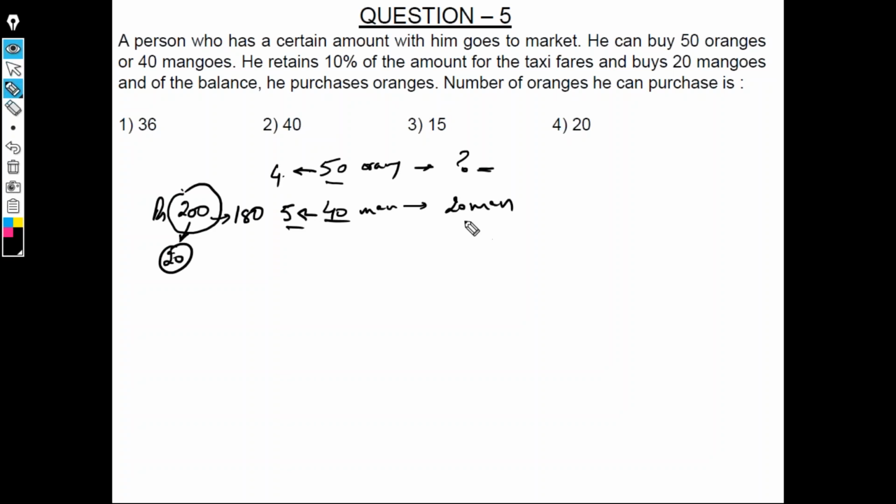If he has purchased 20 mangoes, it means he has already spent rupees 100 on mangoes, leftover is rupees 80. So in rupees 80, at the rate of 4, he will be able to purchase 20 oranges. Is it clear, everyone? It's a very daily-based activity. When you go to market, these kind of calculations are there. Any doubt in this? Tell me.